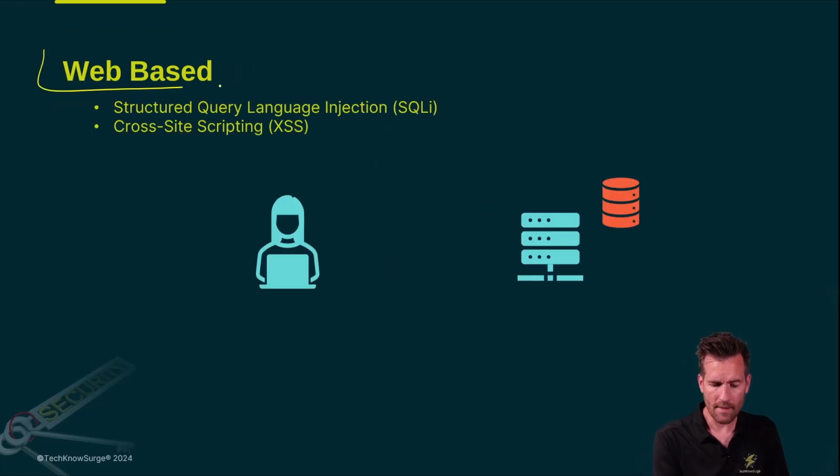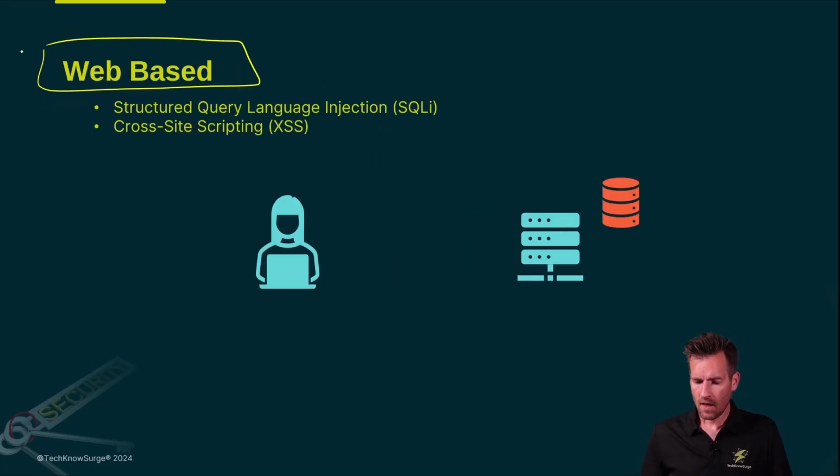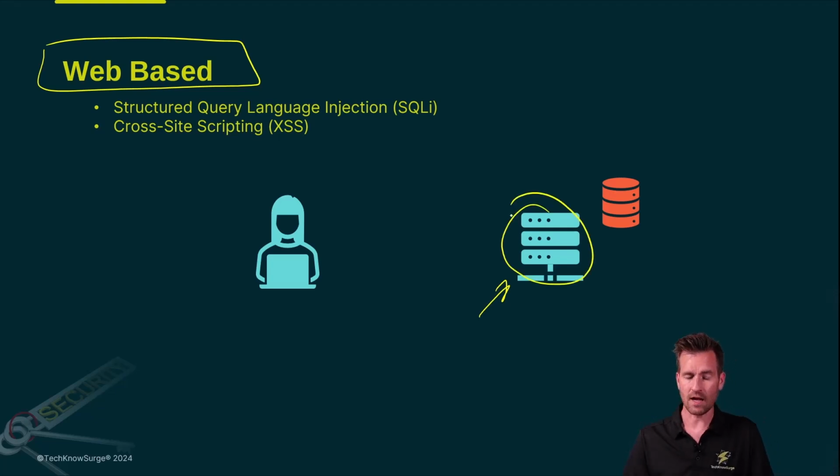There's also web-based vulnerabilities. These are web servers right here. And code or software gets installed on these web servers, so that way it can deliver services to end users. But that's only half of the picture. A lot of the data that actually gets sent to the end user comes from a database. And there's a lot of different data that is on this database.